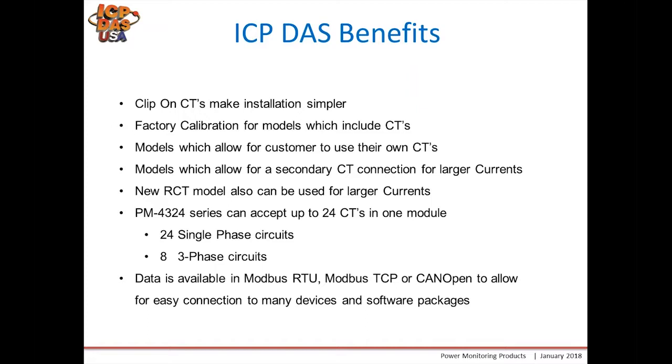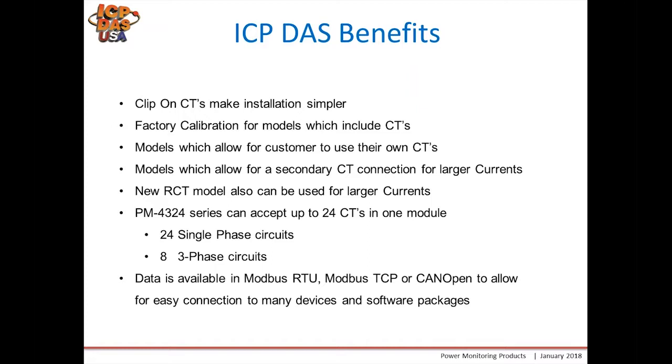We have models which customers can use to supply their own CT if they already have their own CT or need a larger CT. We have models which allow a secondary CT for larger currents. The new RCT or Rogowski models can also be used for larger currents.